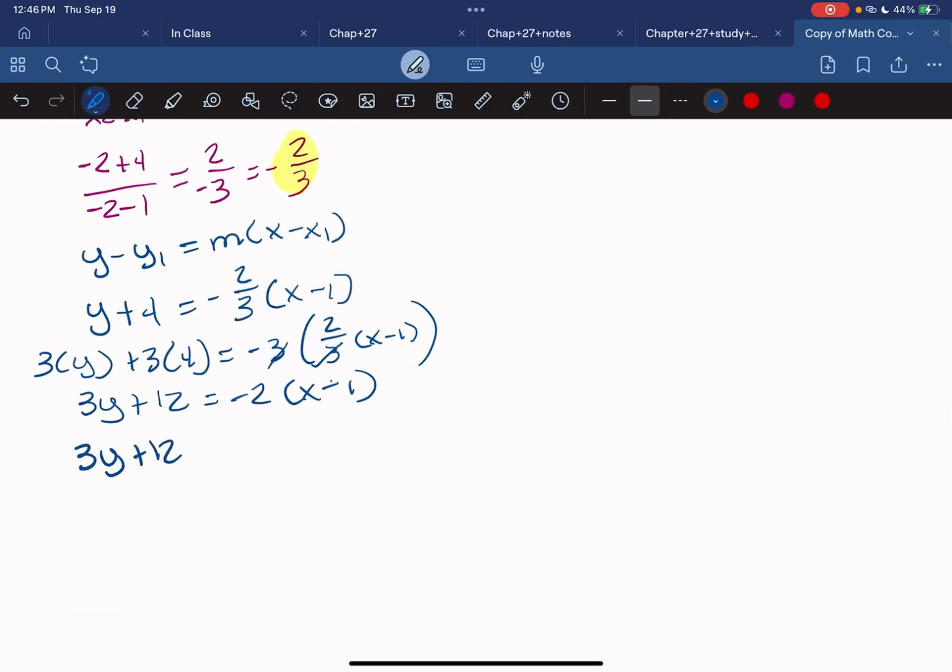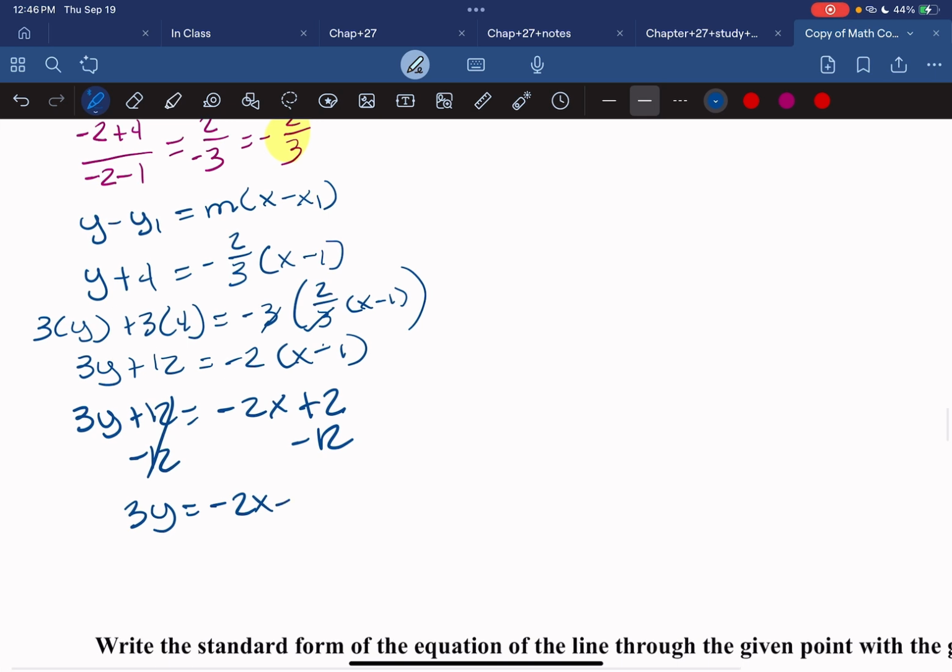3y plus 12 equals, distribute -2 times x, -2x. -2 times -1 is going to be +2 because a negative and a negative is a positive. Minus 12. 3y equals -2x, 2 minus 12, -10.